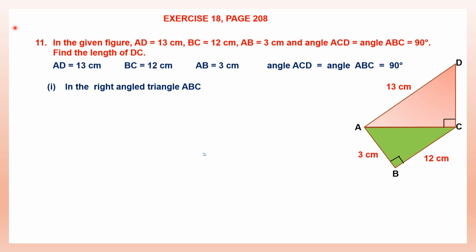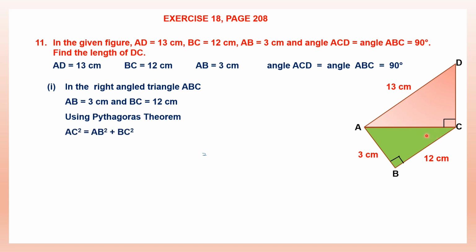In the right angle triangle ABC, AB is given as 3 centimeters and BC is given as 12 centimeters. Now this is the right angle. So the side that is opposite the right angle is the hypotenuse. So according to the Pythagoras theorem, the square of the hypotenuse, that is AC square, will be equal to the sum of the squares of the other two sides. So that's what we've written down here.